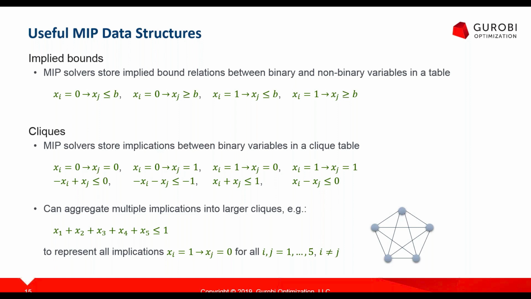And such implications you can easily store with a single constraint. Here in this case, the sum over x1 through x5 is smaller or equal to 1. So this single constraint corresponds to all of the pairwise implications. So that is a quadratic number of implications that you can represent by a single inequality here. So these are the two data structures that we deal with all the time in MILP solving, and that will now also be useful for detecting products in mixed integer linear programs.